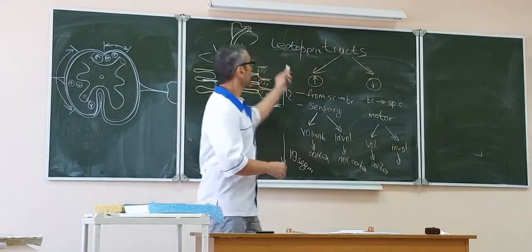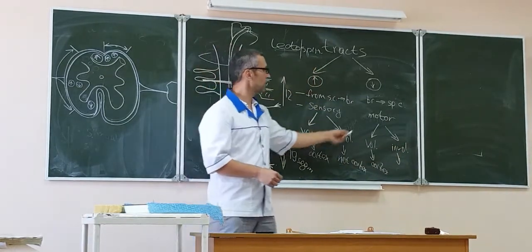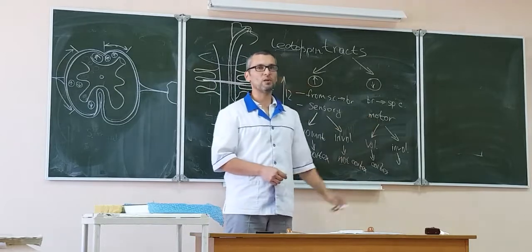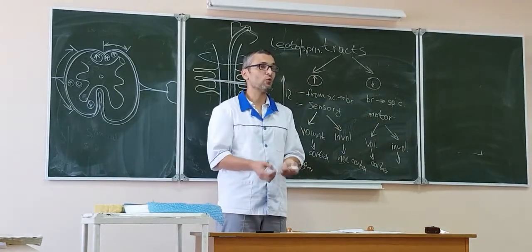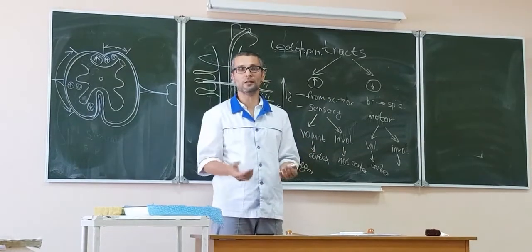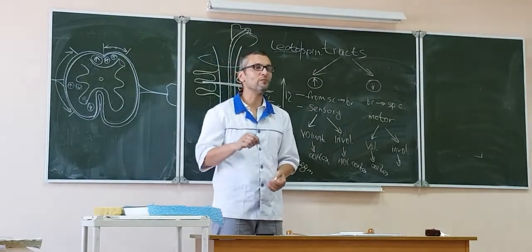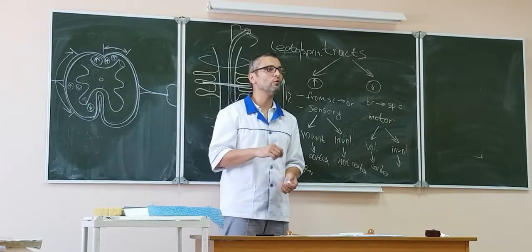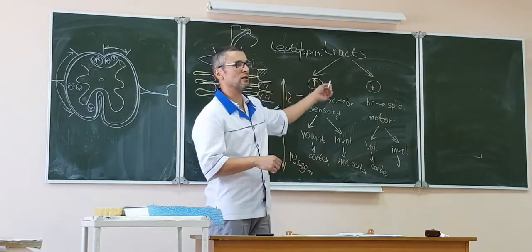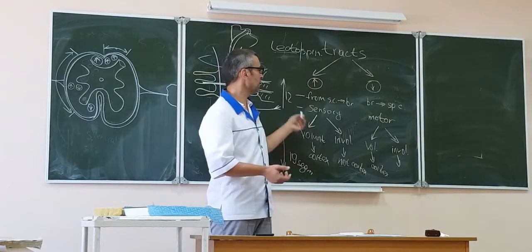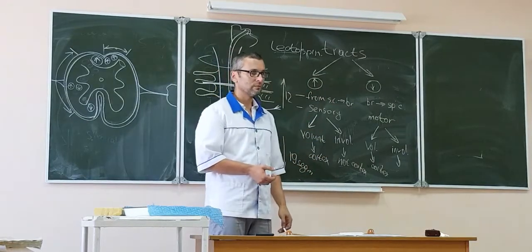And now, tractus tectospinalis conducts involuntary motor impulses. This is the right answer. From nothing, I found the right answer. That is why if I am asking which tract conducts involuntary sensitivity, of course you cannot say tractus tectospinalis. That is wrong. It does not conduct sensory impulses, right?